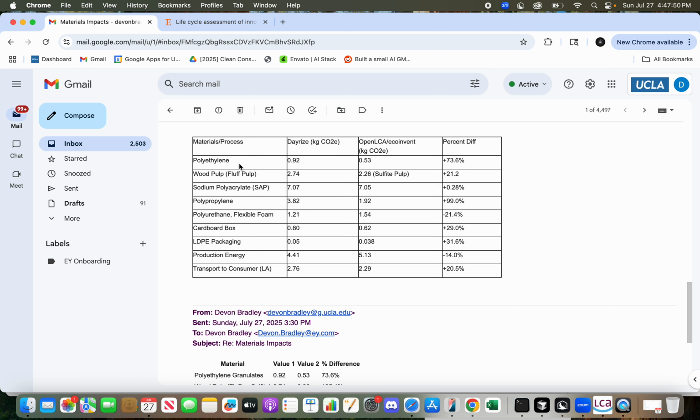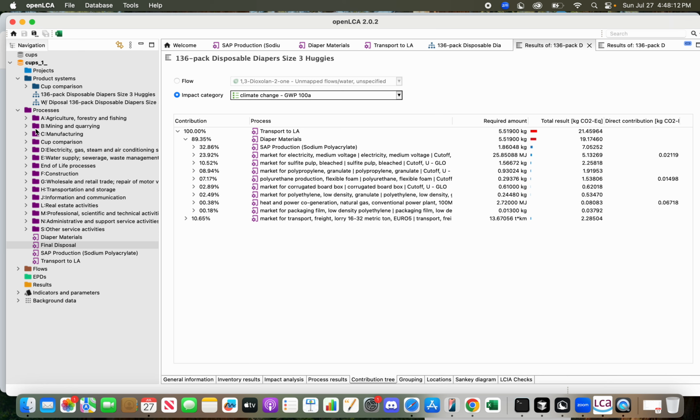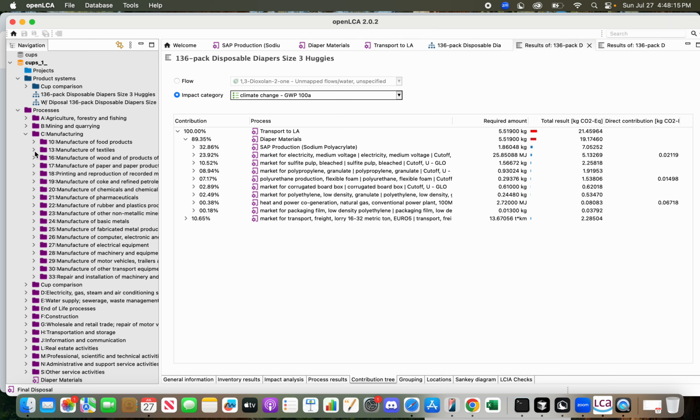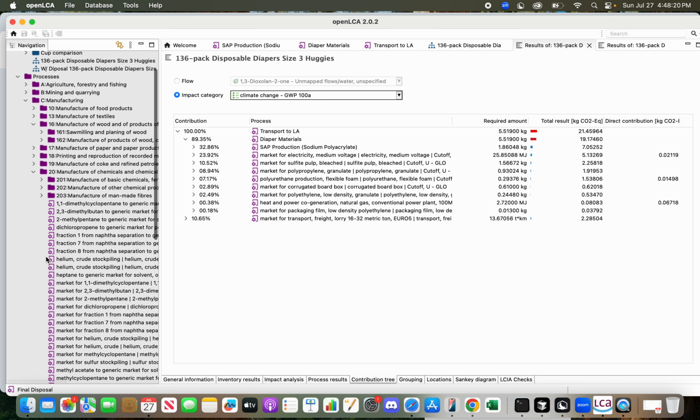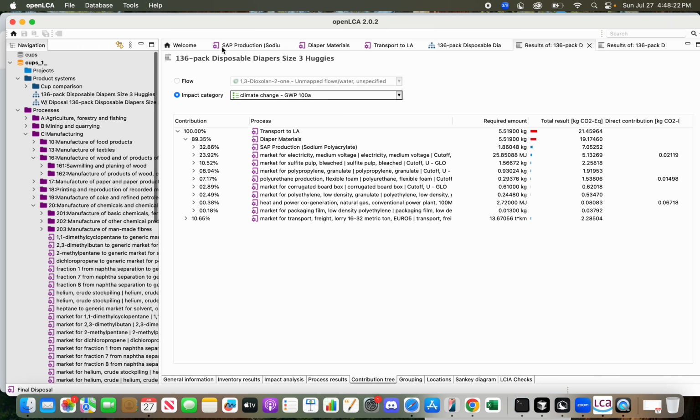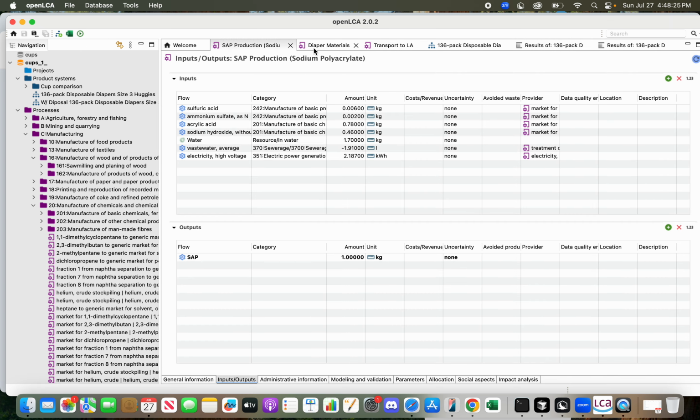And really, we don't have any transparency into where Dayrise is getting this data. So we don't know if it's EcoInvent or something else, scientific papers, etc. So that's one of the downsides to Dayrise, that there's a lack of transparency in where this data is coming from. In comparison with OpenLCA, fortunately, I have access to the EcoInvent database, so we have everything you could possibly want here, and you can just pull it directly into each process and model it yourself.